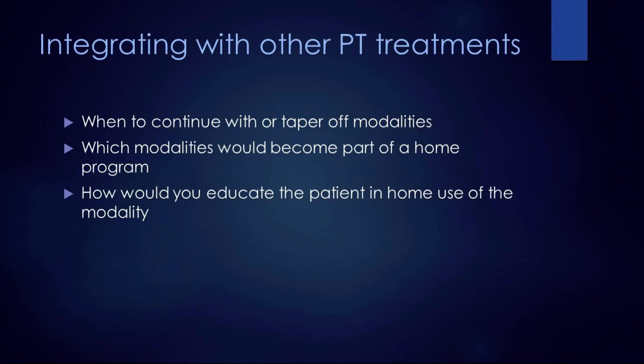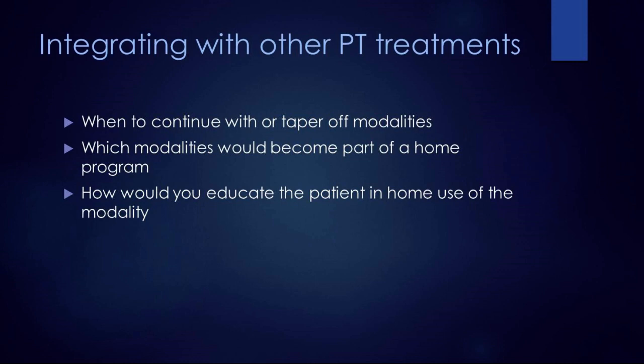So earlier in the year, I was working with a guy who was in a rear-ending car accident. He had whiplash. He was very active, had a very active job. He was in a lot of pain, and he came in right after the accident. He went to his doctor, and the day after he came into PT. So he came in a very acute stage, and we started off with mostly modalities.